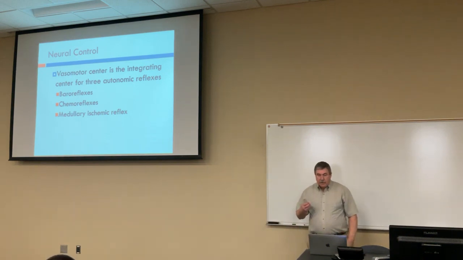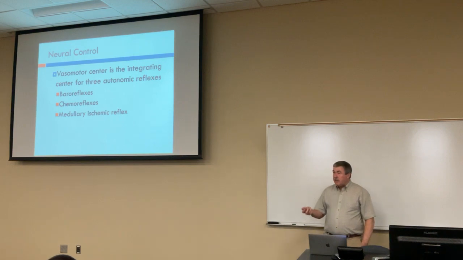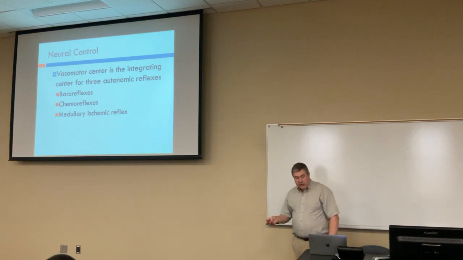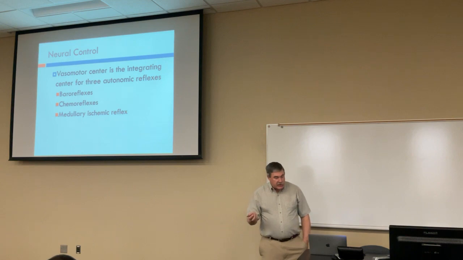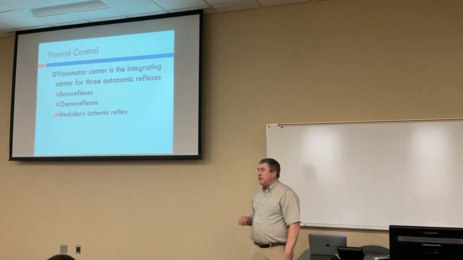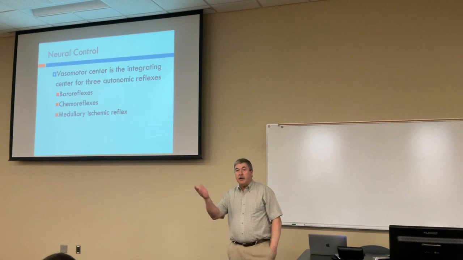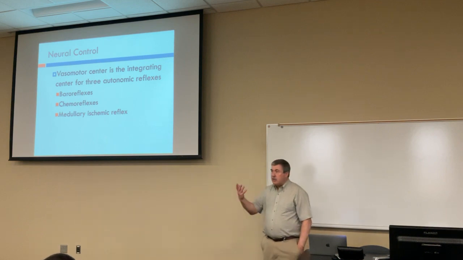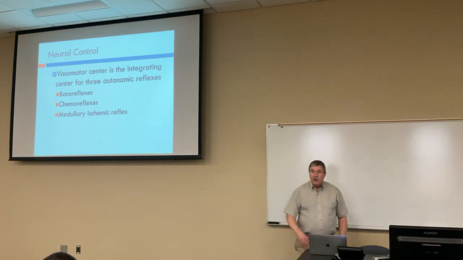These 3 reflexes are called the baroreflex, the chemoreflex, and the medullary ischemic reflex. Those are 3 different reflexes that can regulate blood pressure by either bringing blood pressure back up or bring it down, depending on which way is necessary to maintain homeostasis.